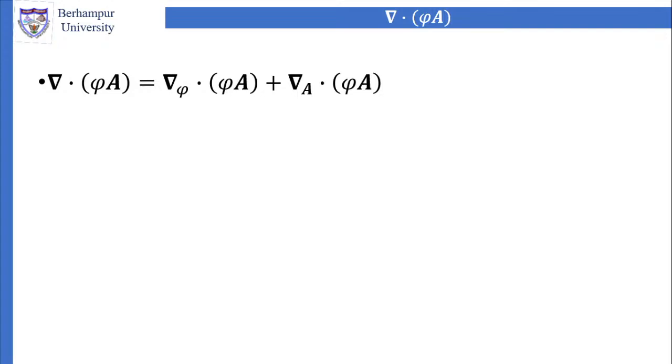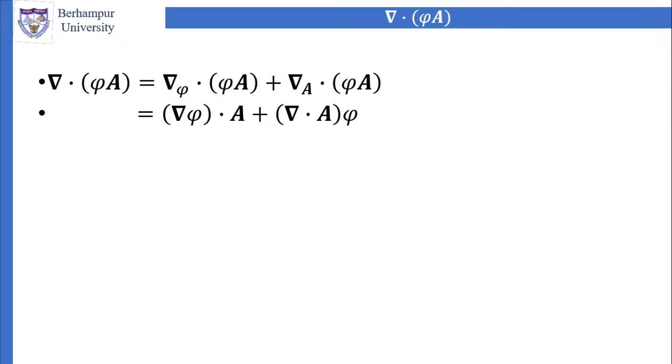Phi is a scalar. Therefore, we cannot take dot product of del with phi. So we'll take the grad of phi. Then we take the dot product with A. So A will be outside. So it will be A dot grad of phi. First term will be A dot grad phi. Second term will be phi, take common. So that will be del dot A, or divergence of A into phi.